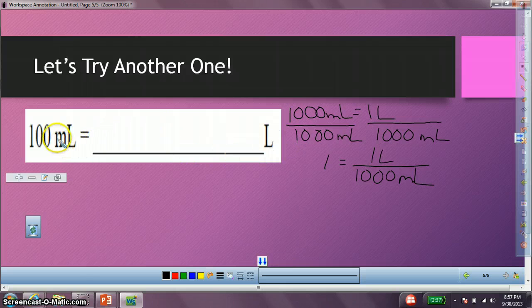Now we take our original quantity, 100 milliliters, and we multiply it by our conversion factor, liter over 1,000 milliliters.